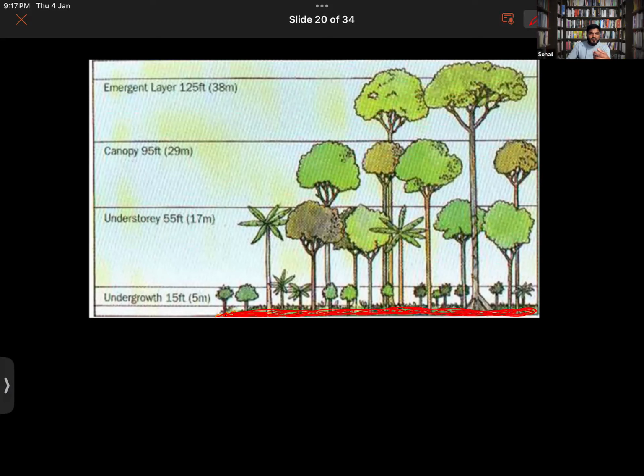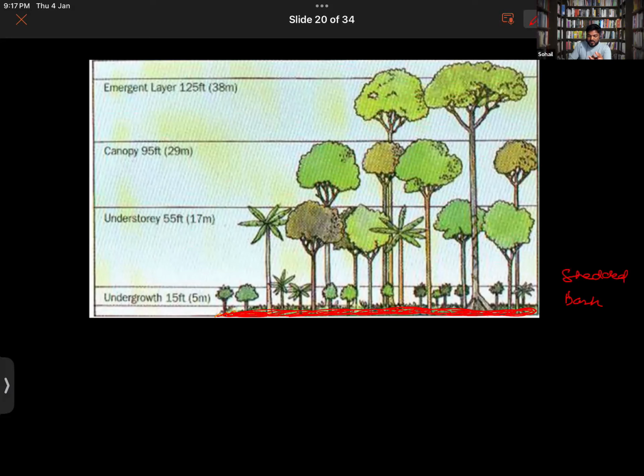So on the forest floor, what will you be finding? You will be finding some leaves. Some shrubs will be found there. You will be finding soil also there. You will be finding rotting plants there. Shredded leaves will be there. Shredded bark, the bark of the tree, will be there.